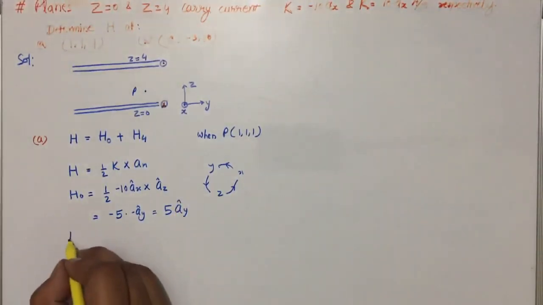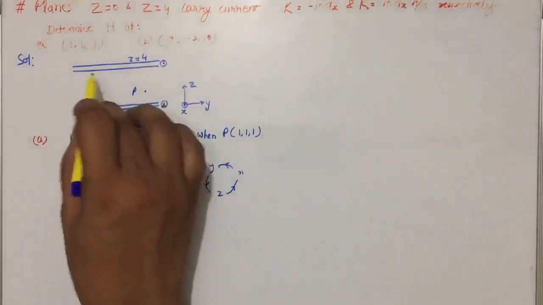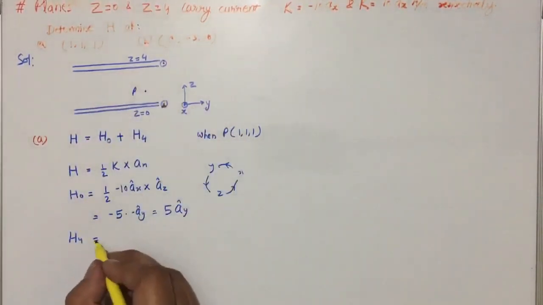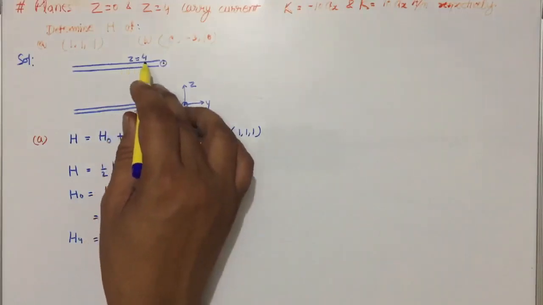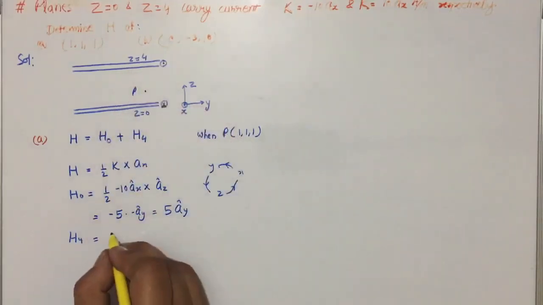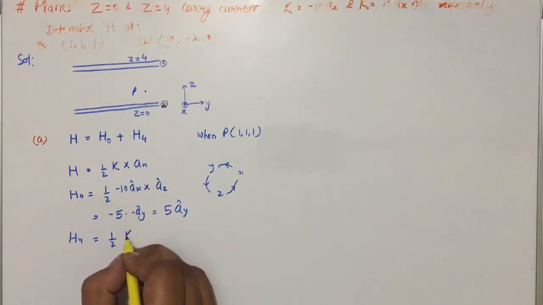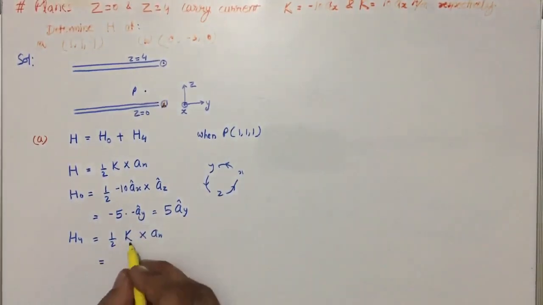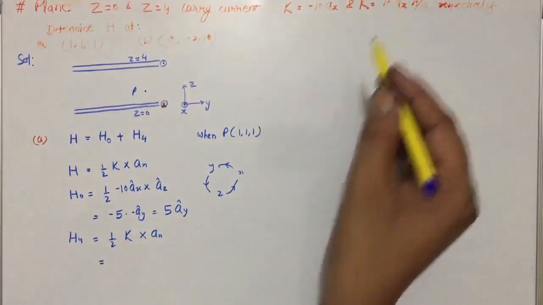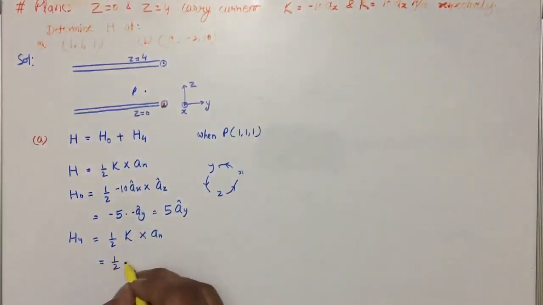Similarly, for another sheet current, named H4 due to the level of the sheet, again we will apply the same formula, K cross AN, and K is how much? 10 AX. So half of 10 AX, it is already given, cross AN.